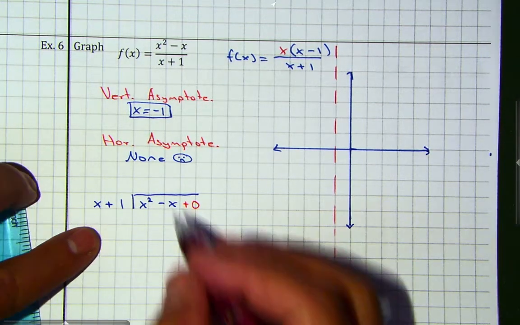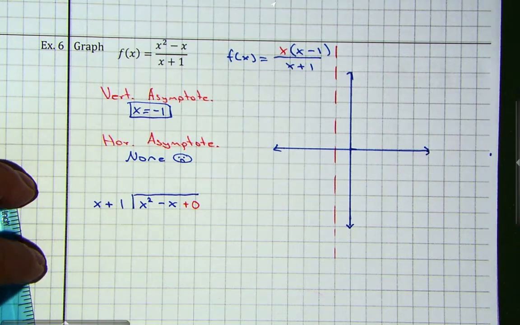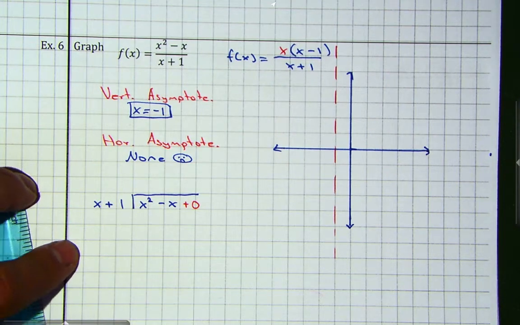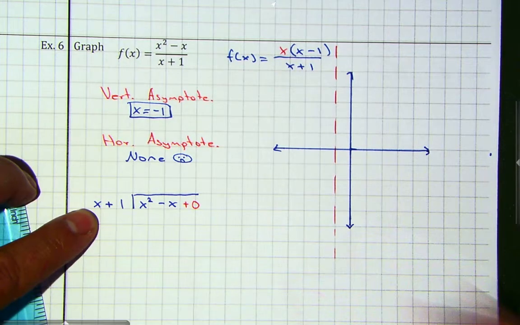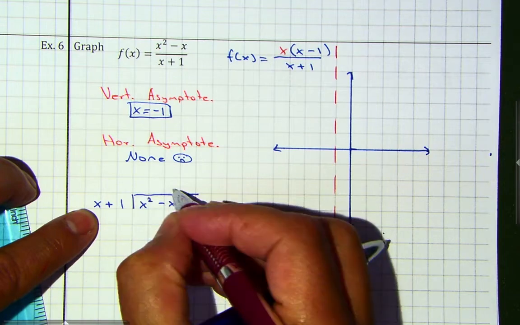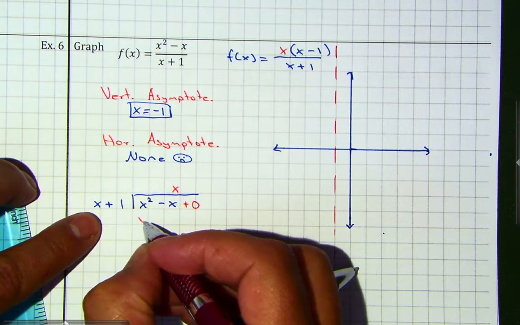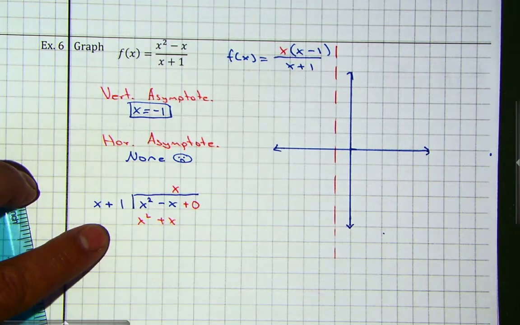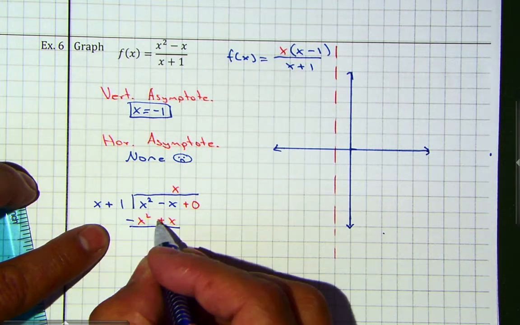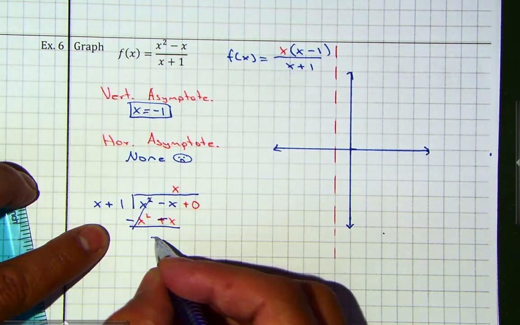So go through the process, see what you get for your long division, and then we can compare our answers. So therefore, x goes into x squared, I need an x. x times x is x squared, x times 1 is positive x. I'm going to go and multiply by -1, or just change the signs. That cancels, so I end up with -2x.